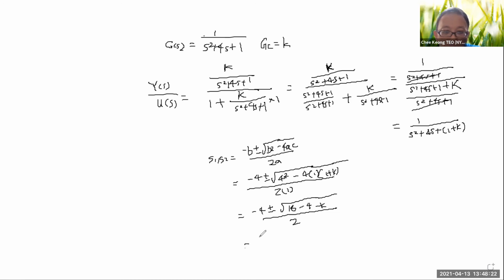So what you have here is 4 plus minus the square root of 12 minus k, divided by 2, right? Now 4 divided by 2, you get 2, minus 2 plus minus. You can just divide this side first and then put it to this side, right? So it's the square root of 12 minus k divided by the square root of 4, which is 2.